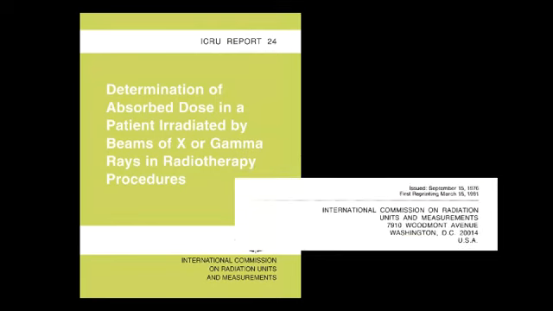In there, they state that we should be trying to achieve a dose that's within 5% of what's prescribed, because they point to some literature, some experiments, some clinical outcomes that justify this. This data is from the 1970s, and I don't know that it's been updated with more evidence behind that statement, but this is a number to bear in mind as we go through this. All right, so let's get started.